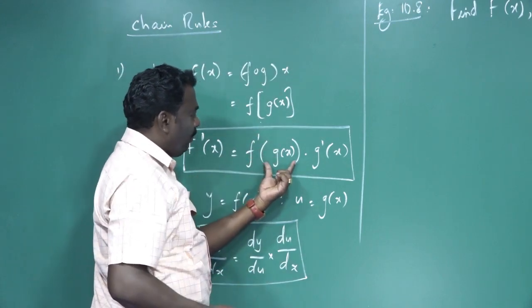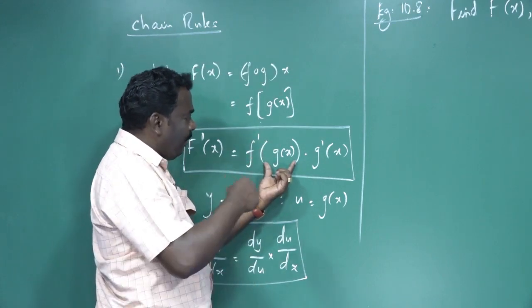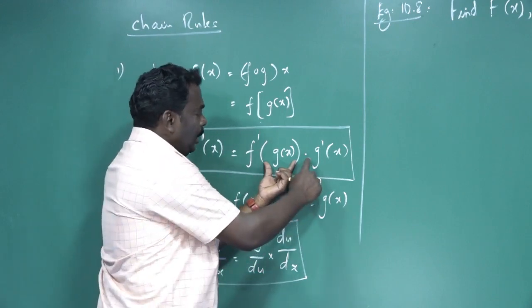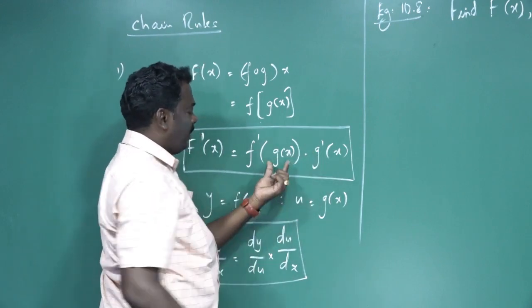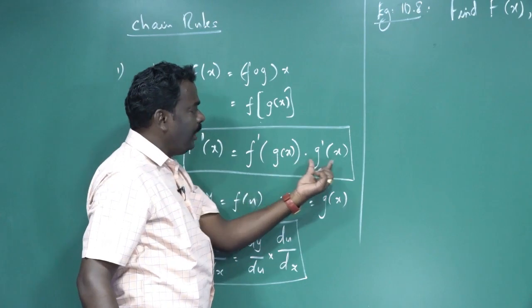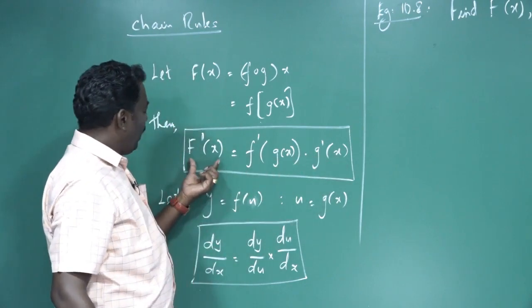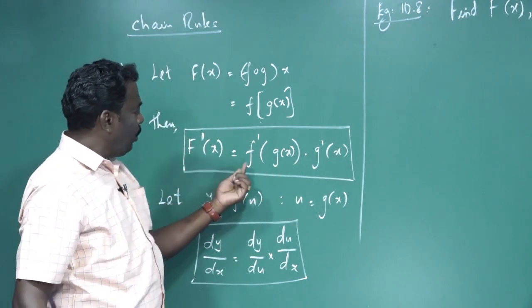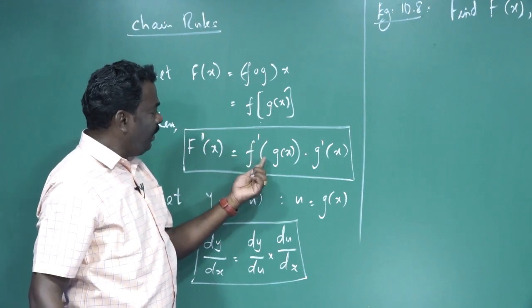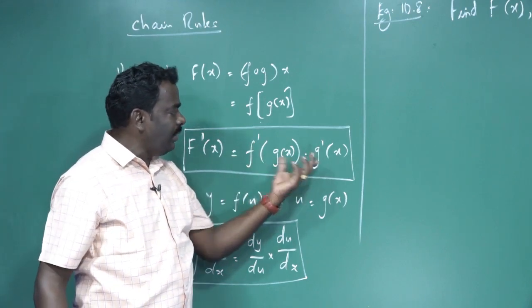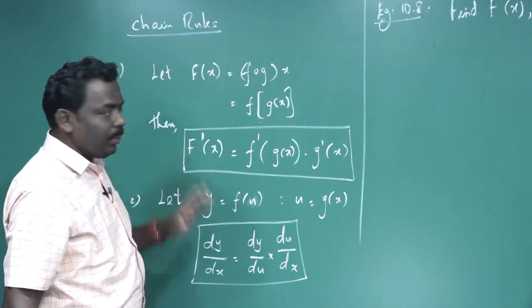Again, within the bracket we have the inside function g of x, which we also differentiate, and multiply by g dash of x. The differentiation of g of x becomes g dash of x. Therefore capital F dash of x is equal to small f dash of g of x into g dash of x, called the chain rule for the first form.